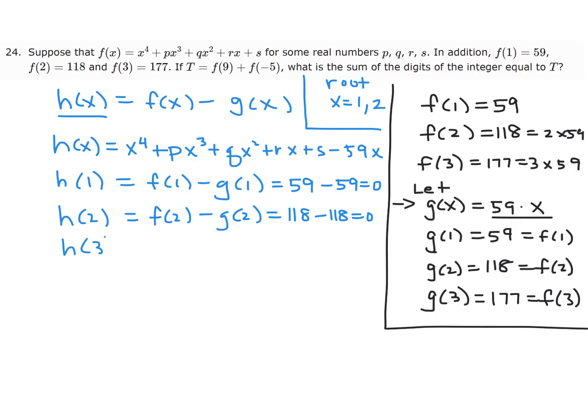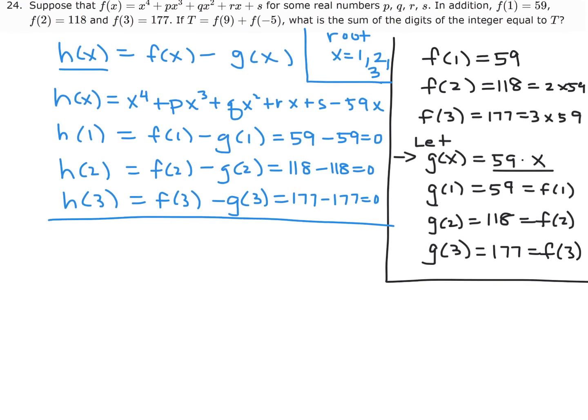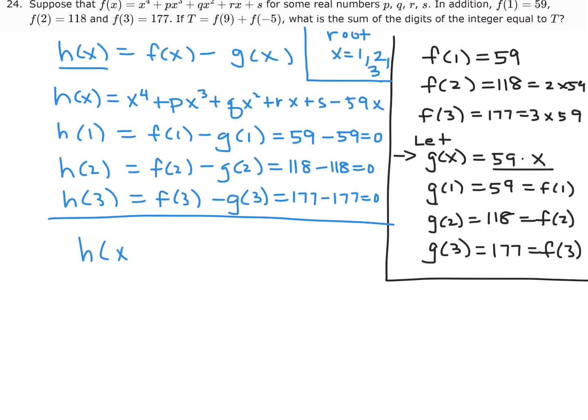And h at 3 is f at 3 minus g at 3. And that's 177 minus 177. Again, a root. So is 3. So that's a pretty helpful finding. So therefore, h at x, if those are roots, would be x minus 1 times x minus 2 times x minus 3, right?